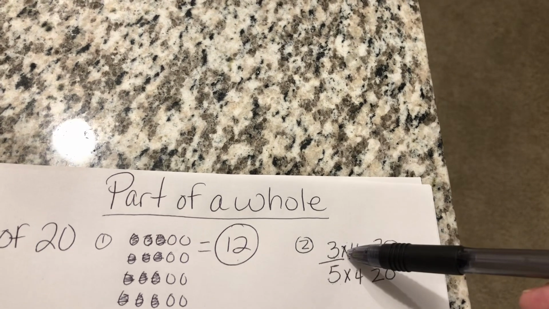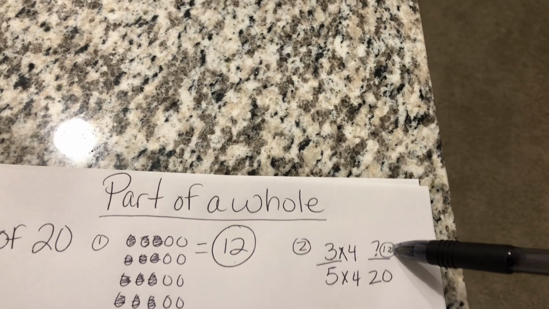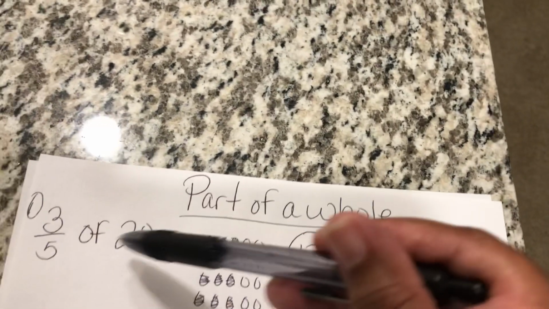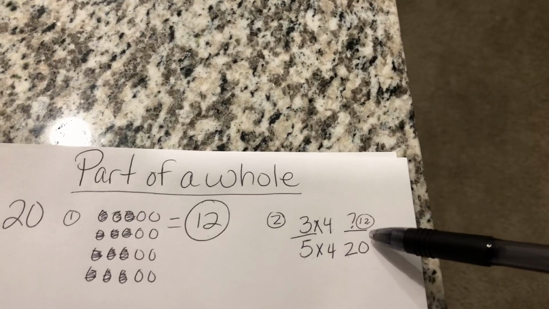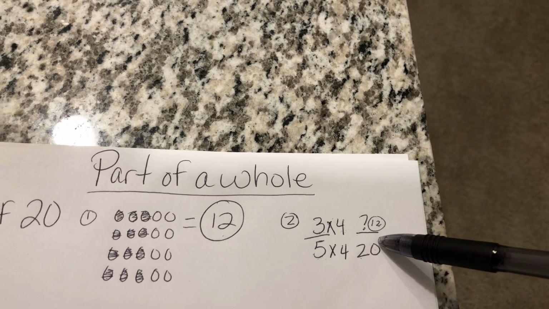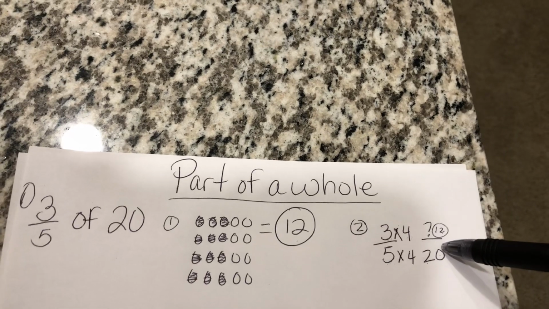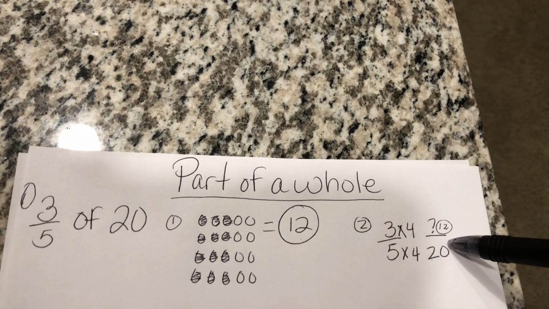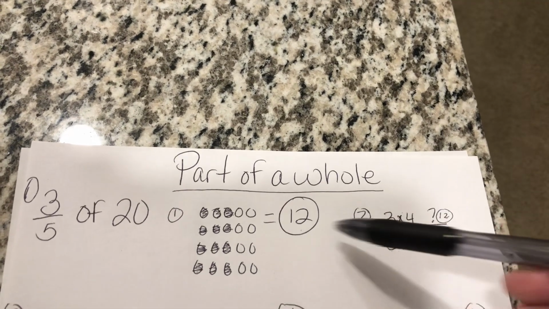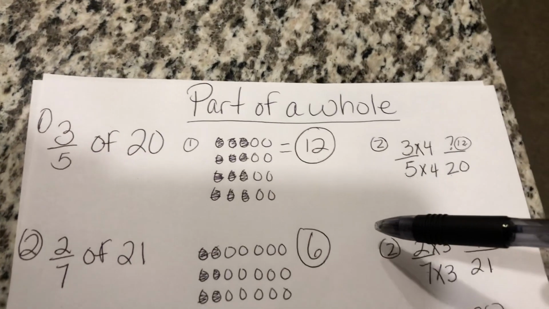So 3 times 4 equals 12. Again, 3/5 of 20 equals 12, okay? Remember, you can pause this video and take notes, or you can replay, rewind, whatever you need to do, okay? We're going to see these steps again with problem number 2.